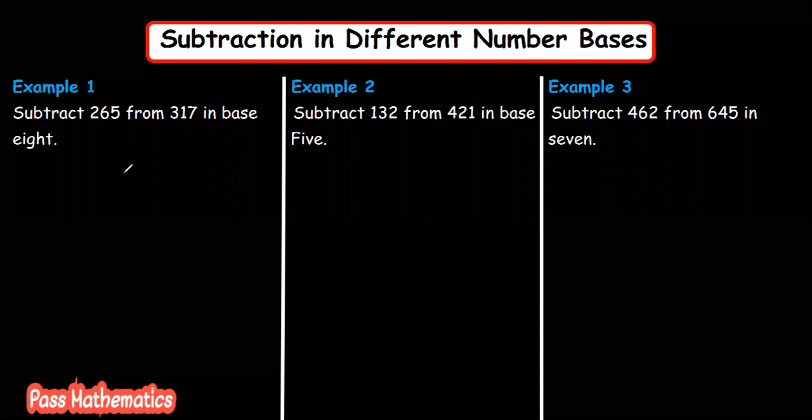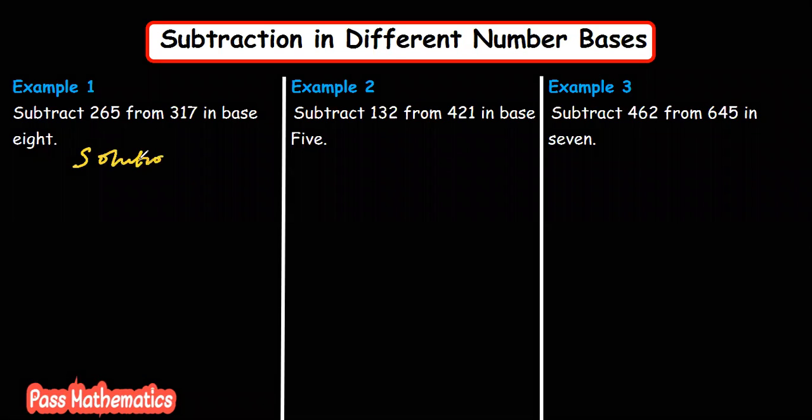In our first example, we have to subtract 265 from 317 in base 8. So we are going to write it down in this way. Let's write the solution. So 317 minus 265 in base 8.